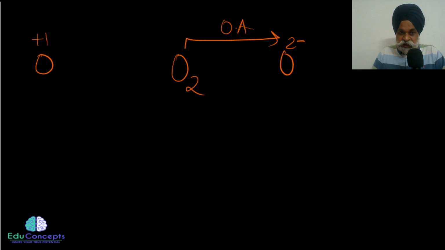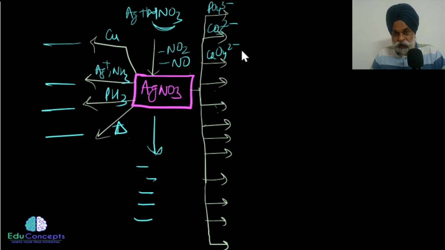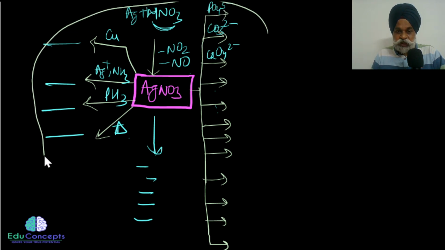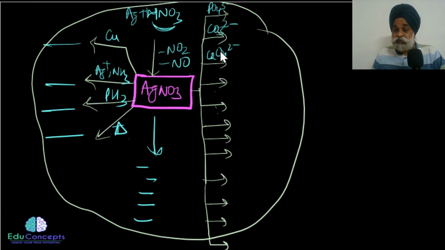So always keep this in mind. I almost have done all the problems. I would suggest that while preparing silver nitrate, you make this sort of flow chart and put it on your table. This particular compound is quite an important one.